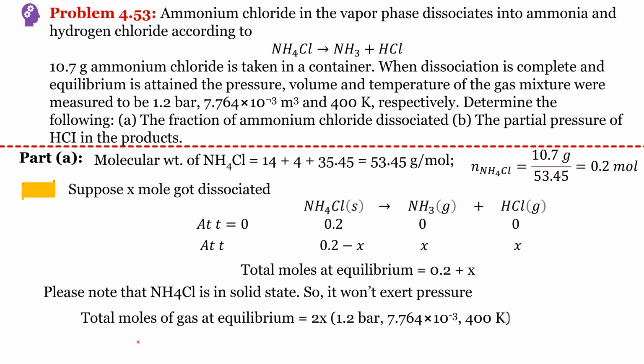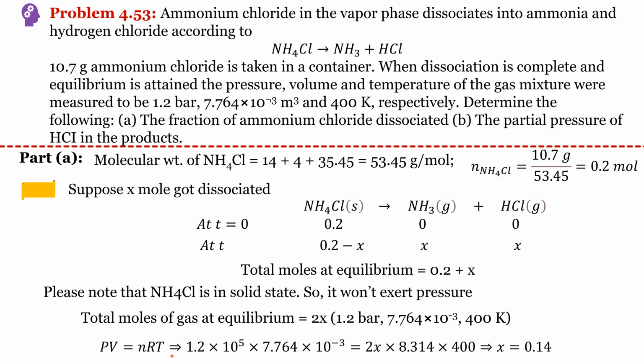So we can rewrite: the total moles of gas at equilibrium equal moles of NH3 plus moles of HCl, which is 2X, and corresponding to 2X, pressure, temperature and volume are given. Now we can use the ideal gas equation. After putting all values we can solve for X, and the value of X will come out as 0.14.